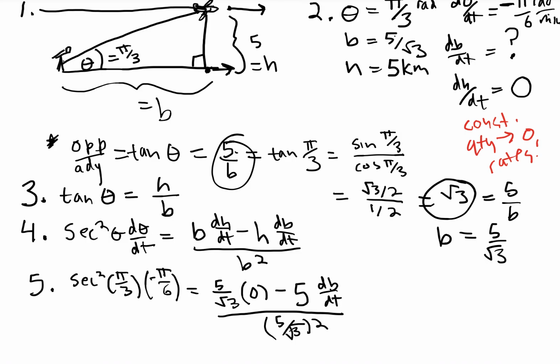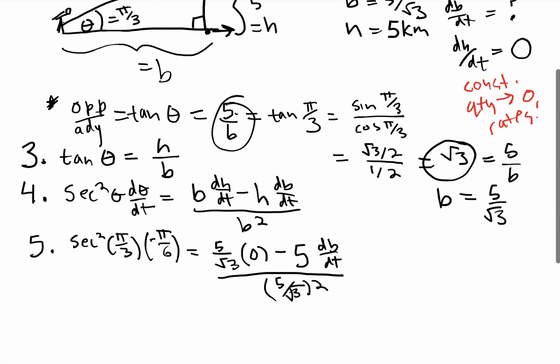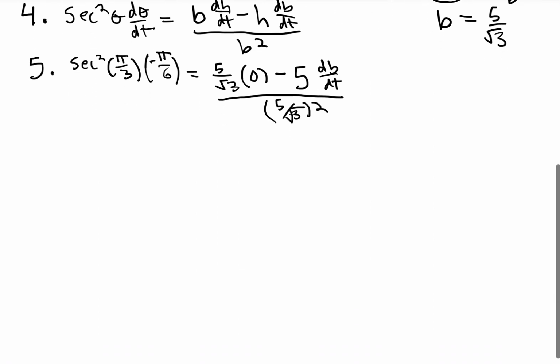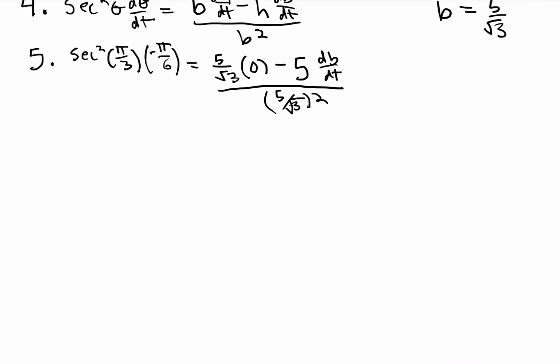I'm just going to go right on down here and give myself way more room. If I want to start cleaning this up, one thing I can note, since a lot of you probably aren't super confident with secant, is that this is the same exact thing as 1 over cosine.